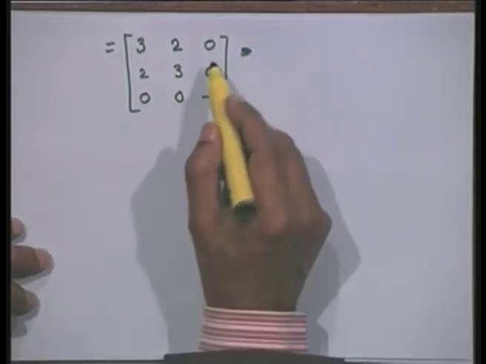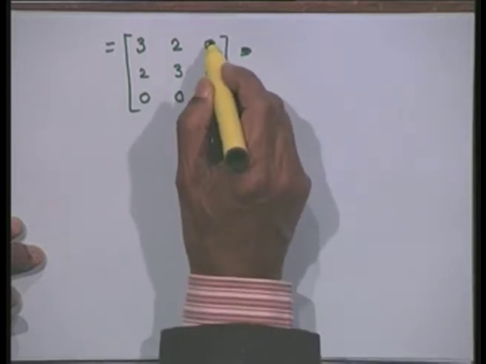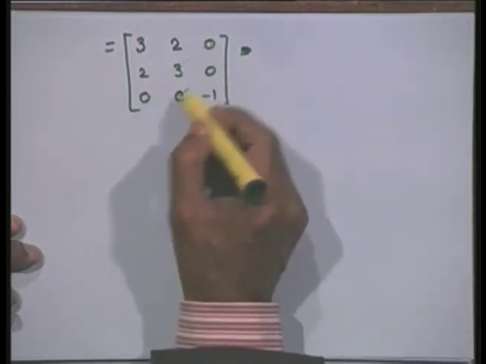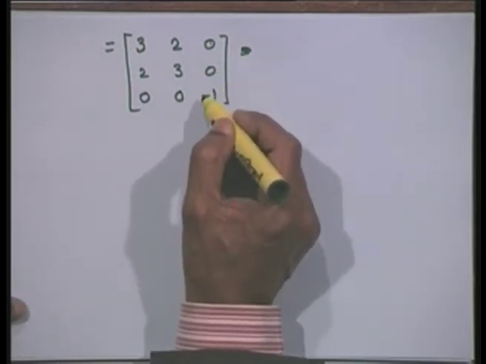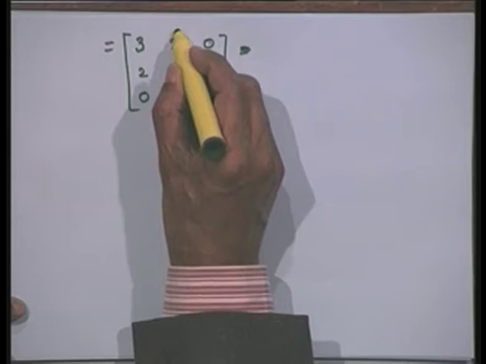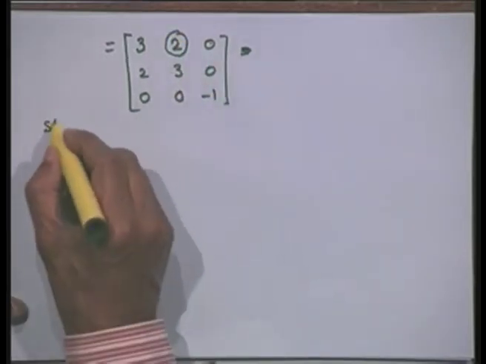Now, in one rotation we started with trying to get the 0 in these two locations, but we now got an extra 0 also here, these two also have become 0 now. Now, I need to make only one more element as 0. I know the largest off diagonal element is 2. So, that is my step 2.